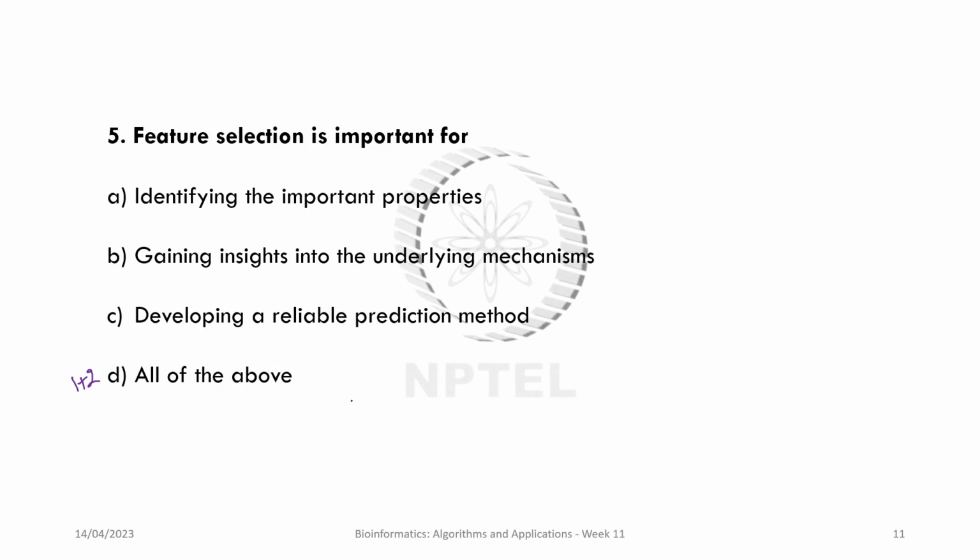Just waiting for more participation. Feature selection is important, definitely, for identifying the important properties, gaining insights into the underlying mechanisms, and developing a reliable prediction method. So, option D is right.